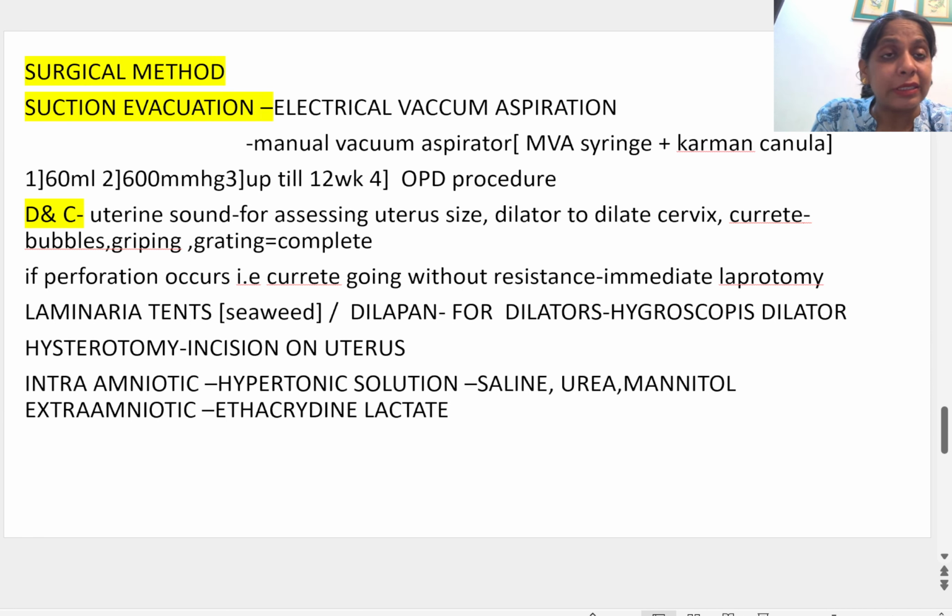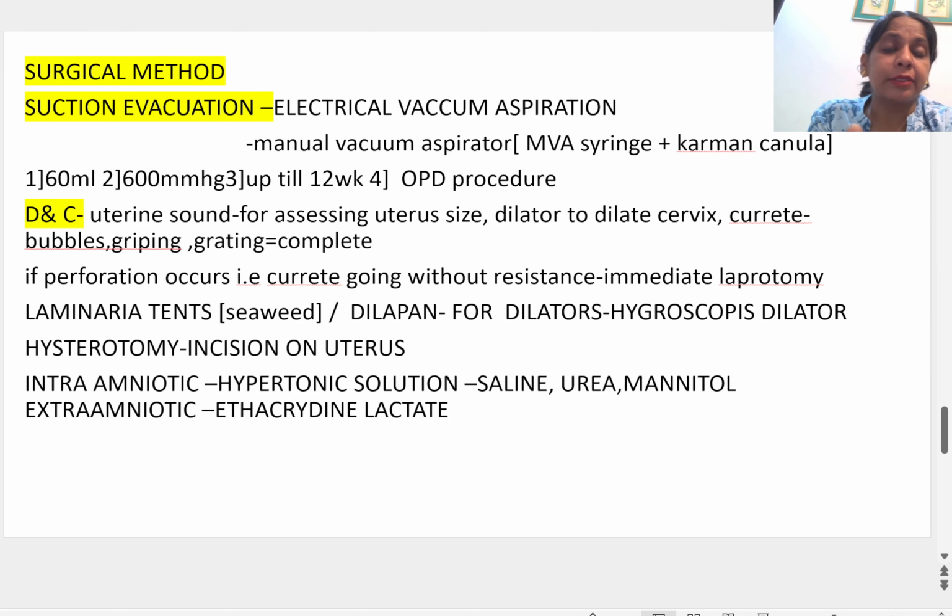Its capacity is 60 ml, and the pressure it builds inside is 600 mmHg. Up to 12 weeks we can do the abortion with the help of the MVA syringe, and it's of course an OPD procedure.